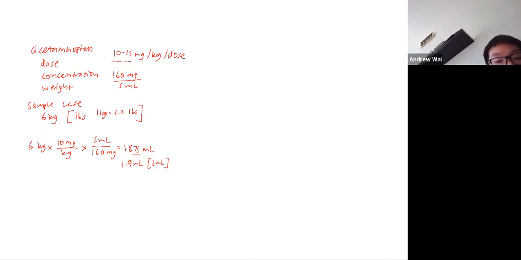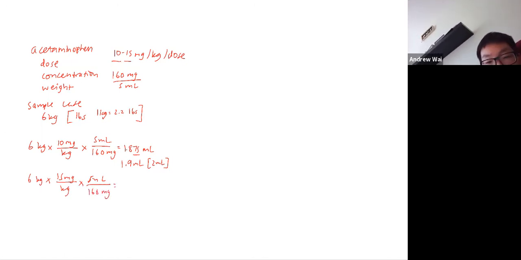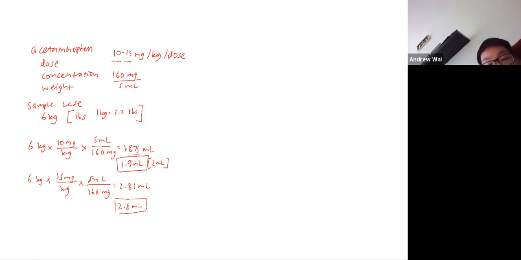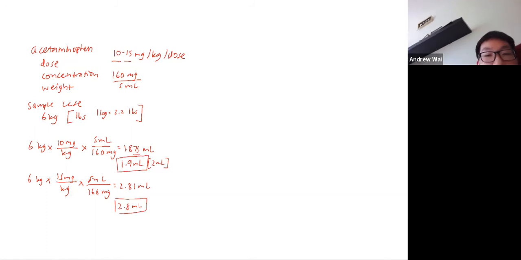So what if we did 6 kilograms times 15 milligrams per kilogram times 5 mLs per 160 milligrams, 2.81 mLs. So if you say 2.8 mLs, you'll be fine. Okay. So technically, the kid could get anywhere between 1.9 and 2.8 mLs, because that would be between that dosage range.